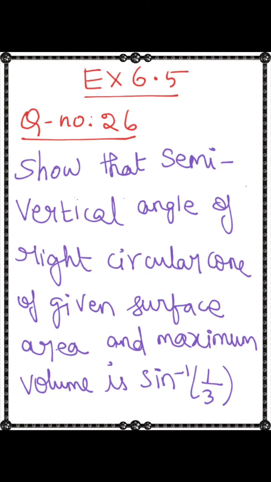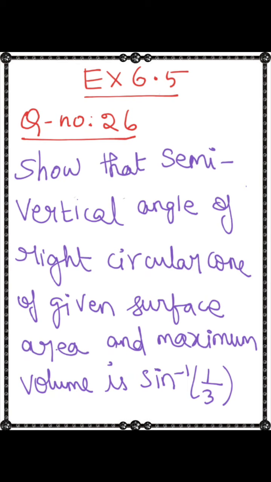In these kinds of questions, the question is in a general way, that is, you don't have a surface area of 100 centimeter square or a volume of 900 cubic centimeter. You don't have a specific value, but we have to prove or find whatever is in the question. For that you have a clue: the given, and maximum or minimum.